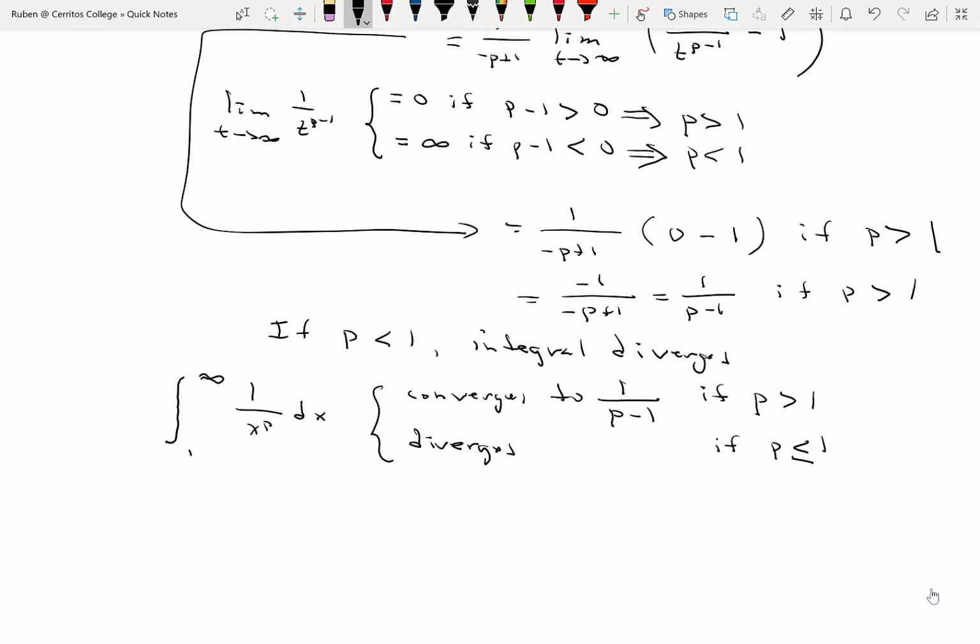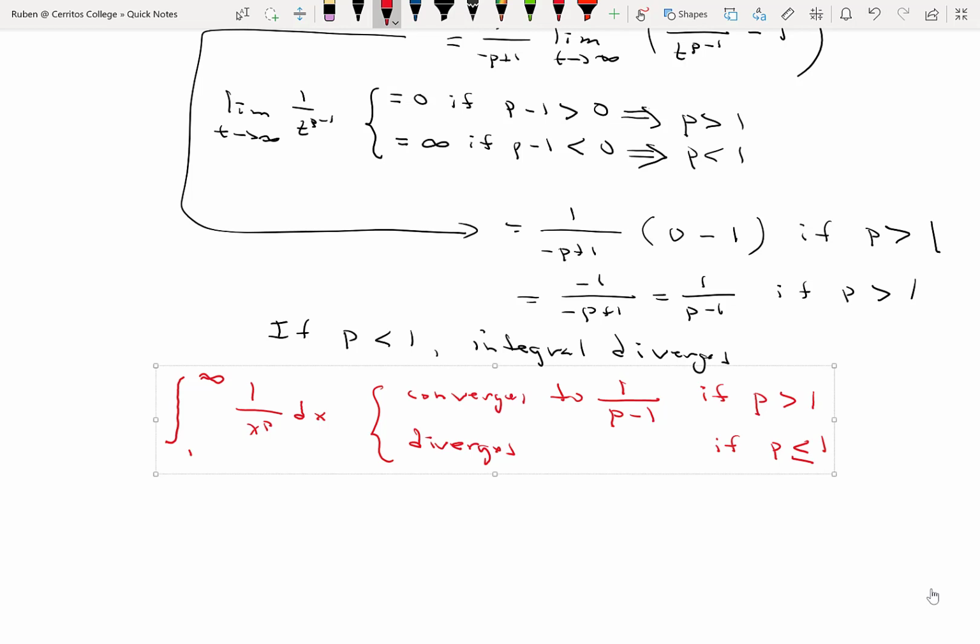What you want to do with this integral is memorize it. This integral is going to be, I think this is like the third or fourth time I've mentioned this, central in the rest of our course. The integral of 1 over x to the p converges to 1 over p minus 1 if p is greater than 1, and diverges if p is less than or equal to 1.